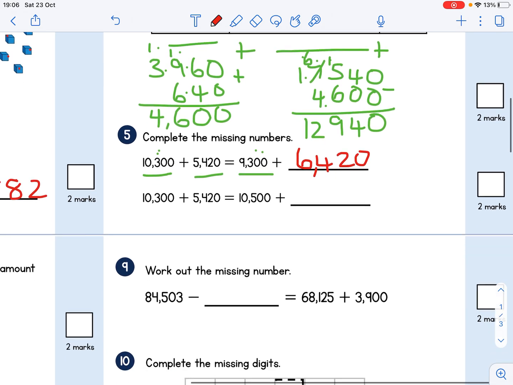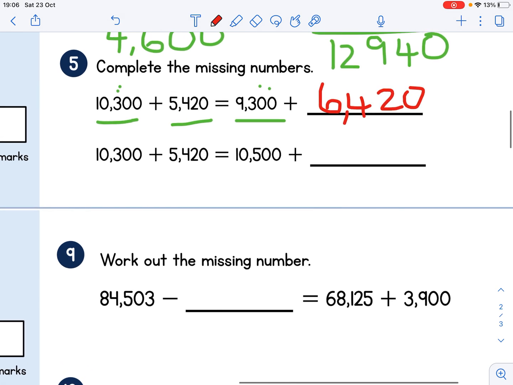Okay, so it's the same number sentence as this, but this was 10,300, this was 9,300. So instead of just 5,420, I needed to add on 1,000 more.